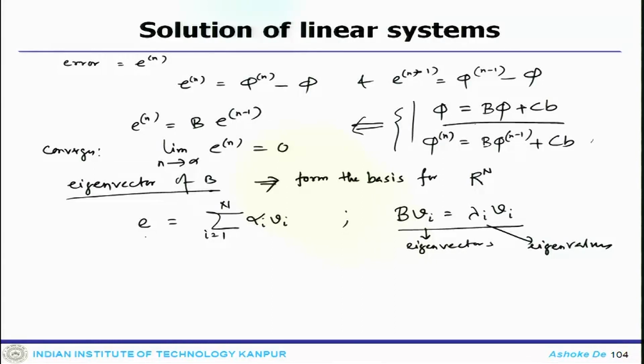Now, once you combine with this one, e to the power n, the nth level error, equals B e to the power n minus 1.